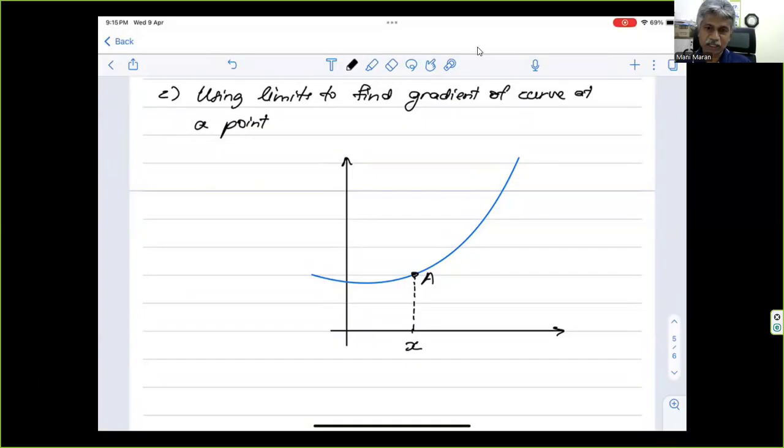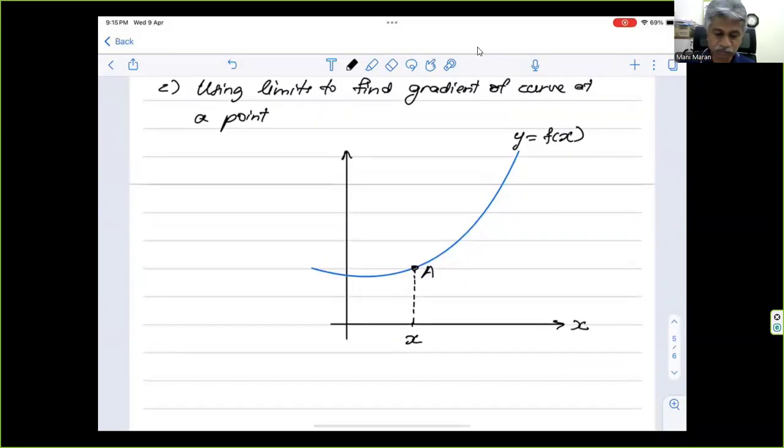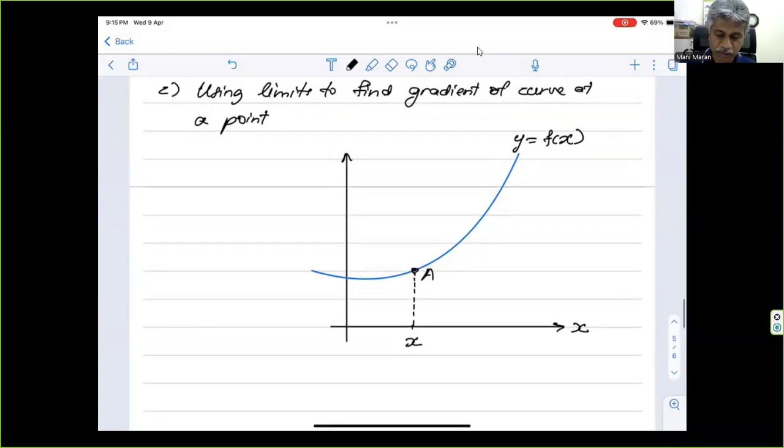So that is what we have done. Just draw a graph and then label point A. This graph has a function, for example, y is equal to f of x. The horizontal axis will be x, the vertical axis will be y. So y is actually the same as f of x, another way of writing y.